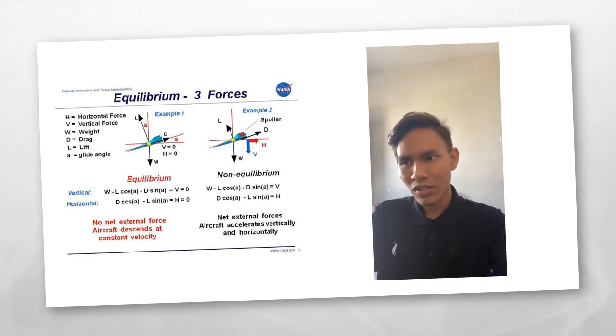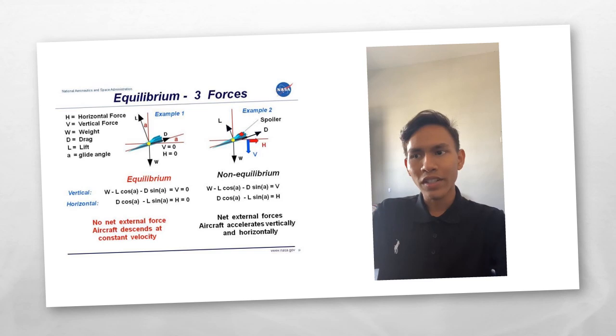And for the horizontal: drag cos A minus lift sin A equals 0. Where sin and cos are the trigonometric sine and cosine functions. V is the net vertical force and H is the net horizontal force. Because you are looking at an equilibrium condition, H and V are equal to 0.